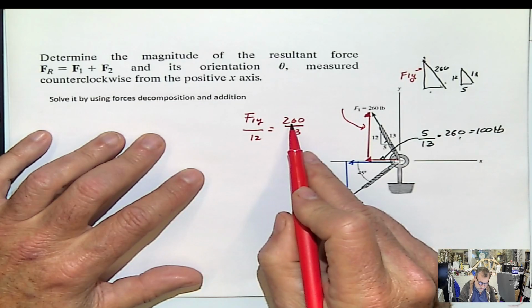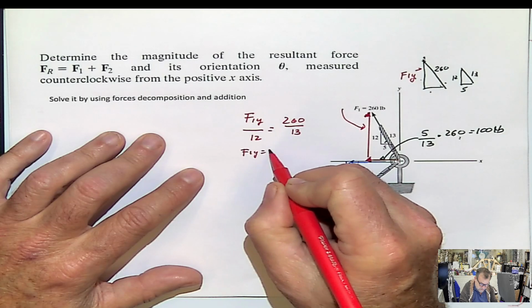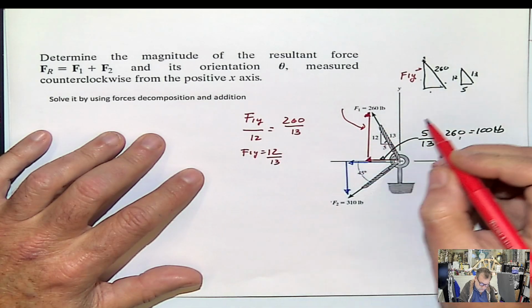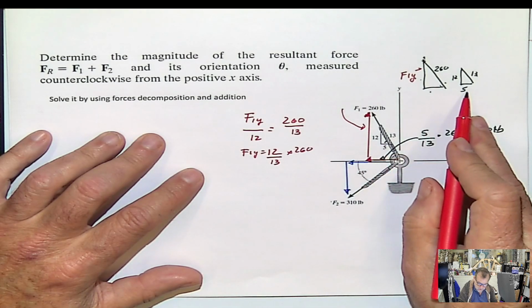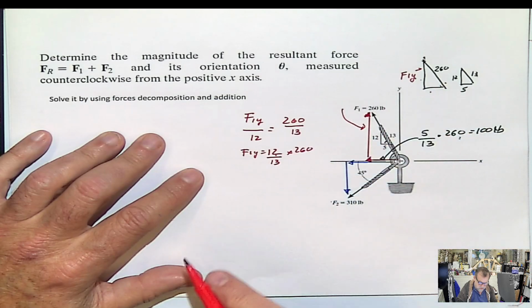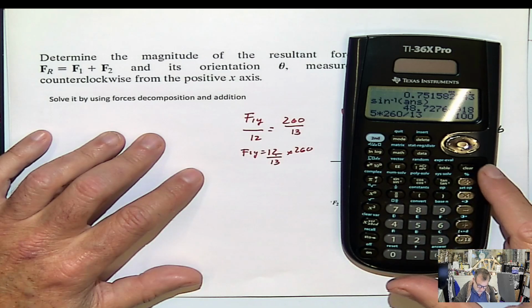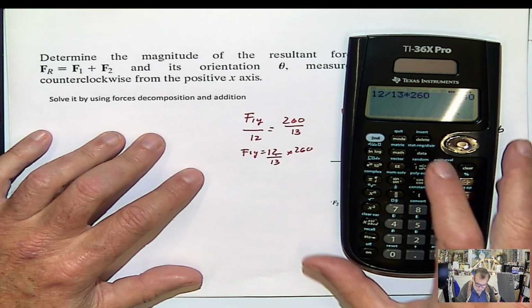And when you solve, it's what I told you before: you take the parallel side, 12, divided by the hypotenuse, and multiply by the value of the force. In the previous case we were looking for the horizontal, that's why I used 5. In this case, we're looking for the vertical. So that's 12 divided by 13 multiplied by 260, which is 240.